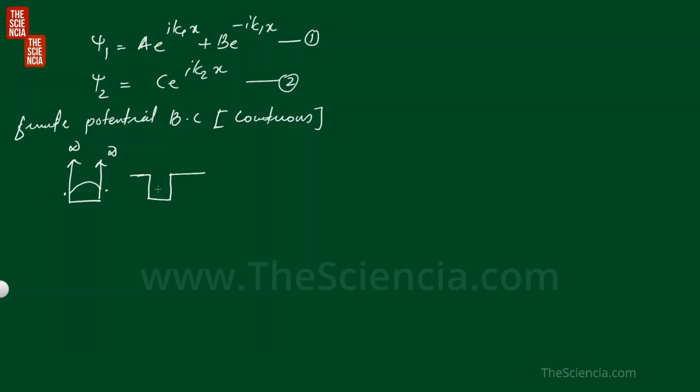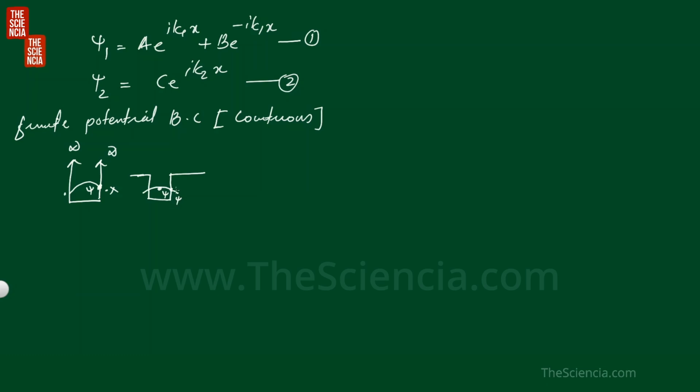Okay, so if the particle is in this box, then there will be a chance of finding the particle outside the box also, that is at the boundary. See, here there is a wave function and here there is no wave function. But in this case, inside the potential well there is a wave function, and outside the potential there is also a wave function.